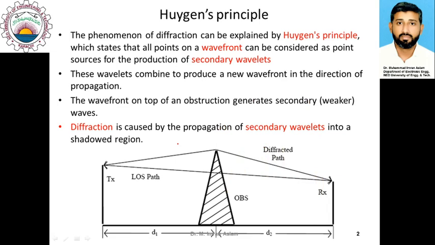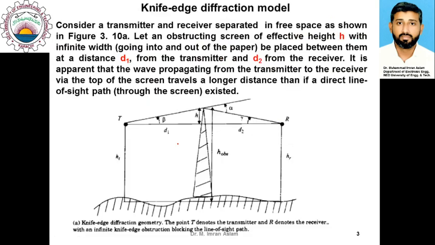So the question is, how can we calculate the gain or alternatively loss encountered because of this diffraction? A common model in order to calculate the loss is known as the knife edge diffraction model.